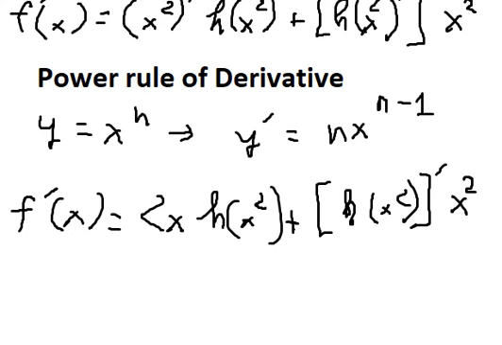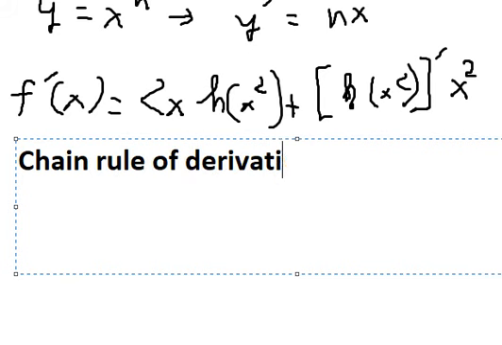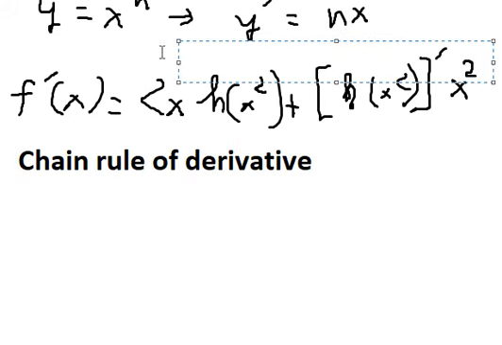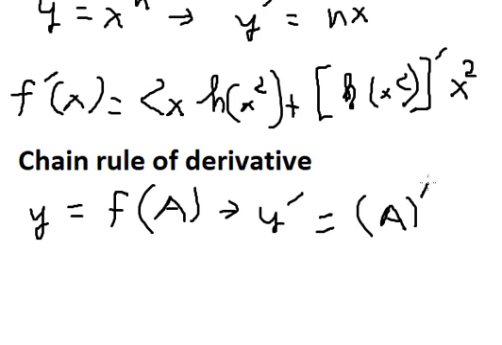The next one we apply is the chain rule of the derivative. For example, if we have y equals the function f of capital A like this, so if we do first the derivative, we do first the derivative of capital A multiplied by f prime of capital A. Now we can apply this one for this one.